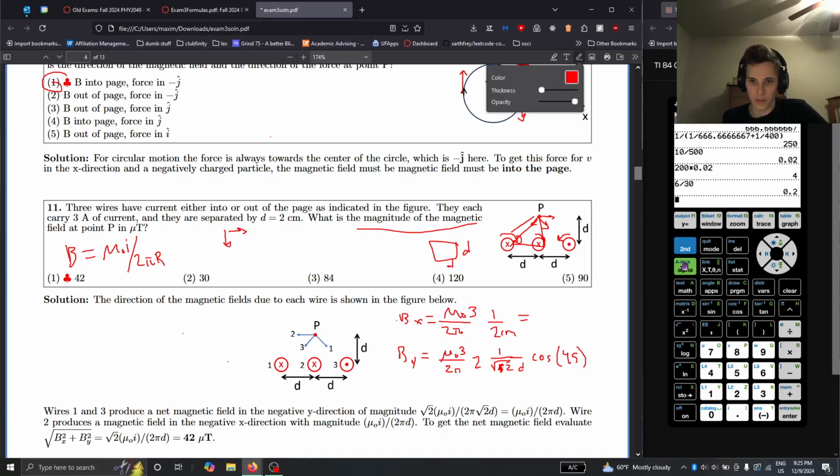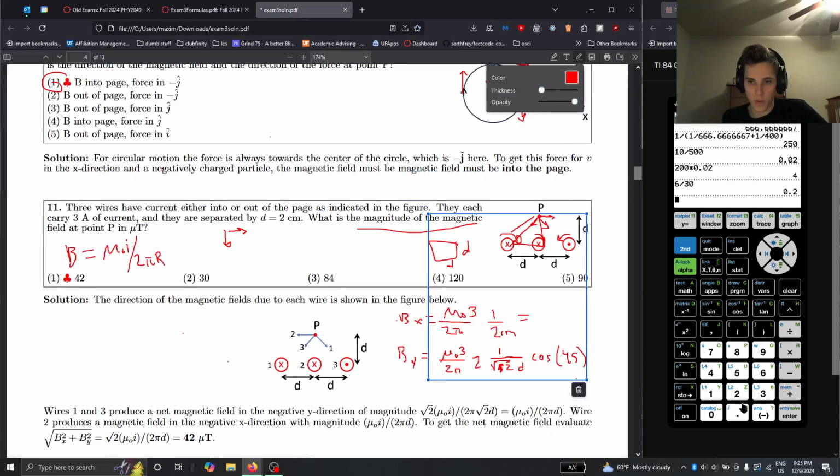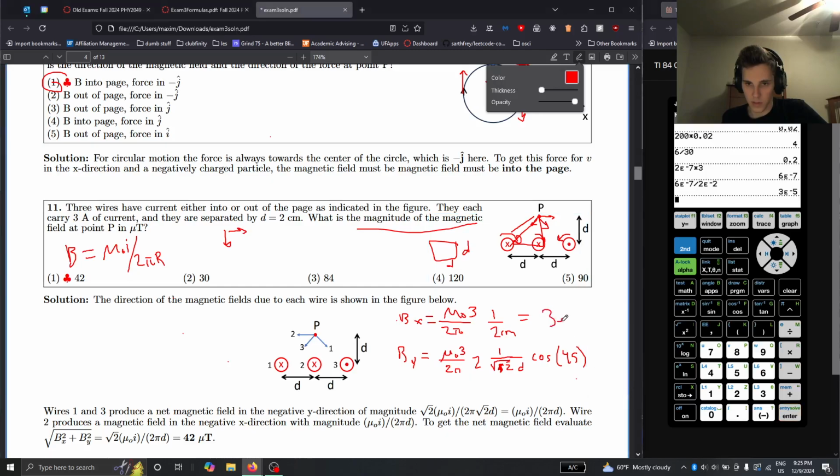So let's multiply everything through here. Mu naught is like 4 pi times 10 to the negative 7th. I'll divide out the 2 pi here. So I'll just go like this. So that's the little thing we're dealing with there. 2e minus 2. So this is 3e minus 5.